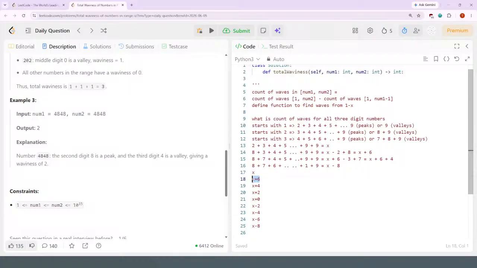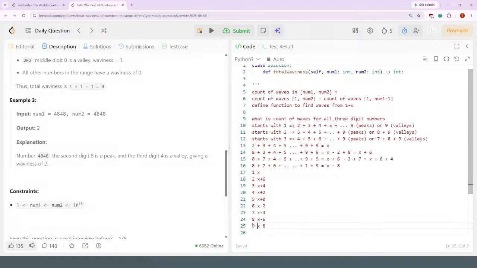This is starting with 1, 2, 3, 4, 5, 6, 7, 8, 9. One, 2, 3, 4, 5, 6, 7, 8, and 9.